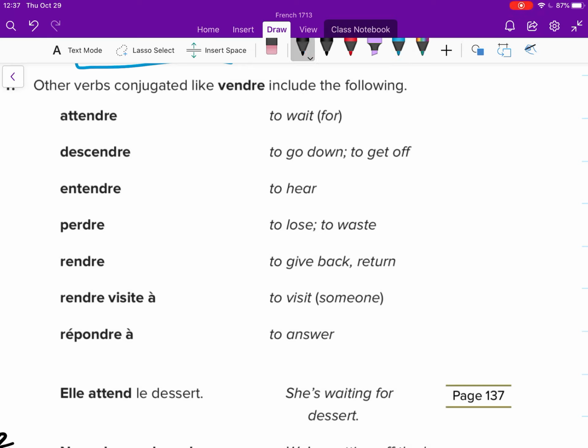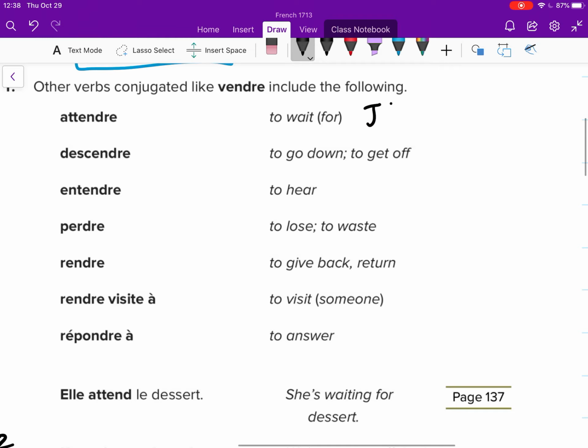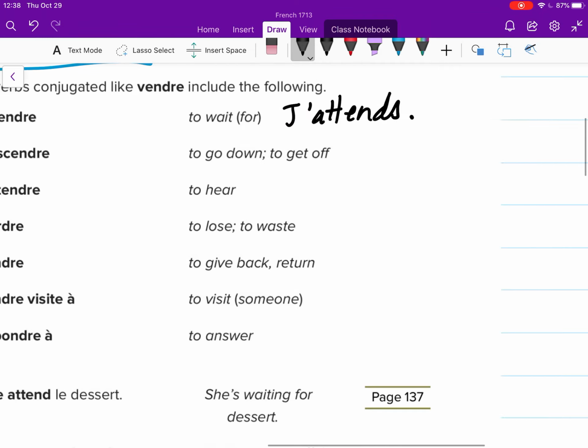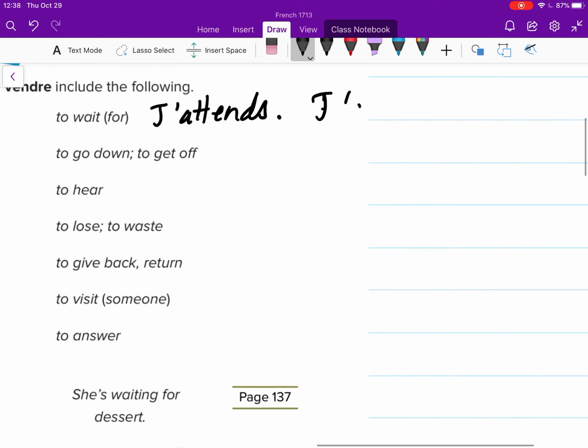It has in parentheses for here because let's say that you're waiting for the bus, you don't have to add anything on. So if I'm just saying I'm waiting, I would say j'attends. If I'm saying I'm waiting for the bus, I don't add any word that means for, it's already within it. J'attends le bus, the bus.